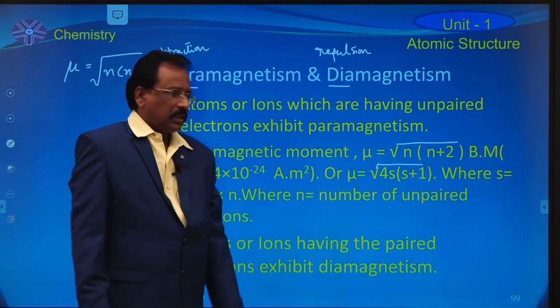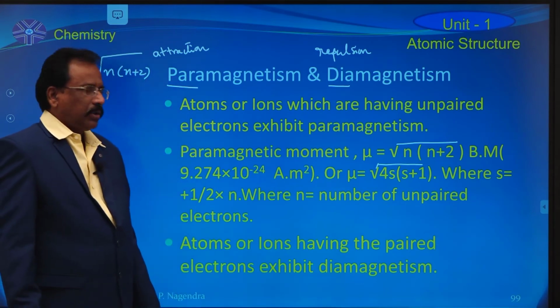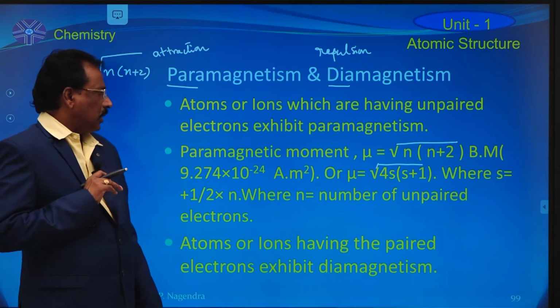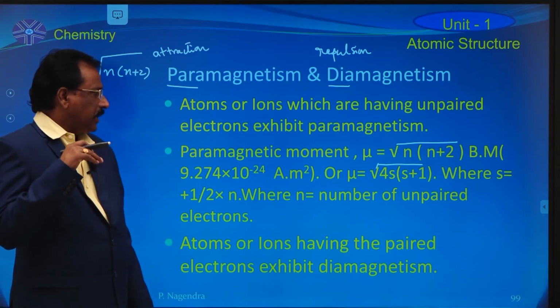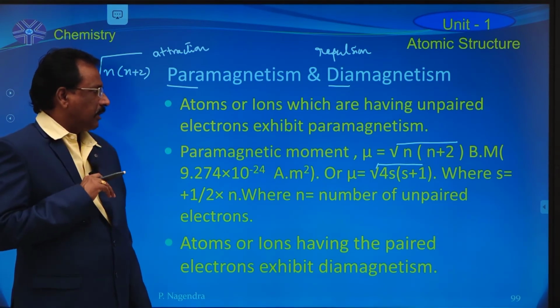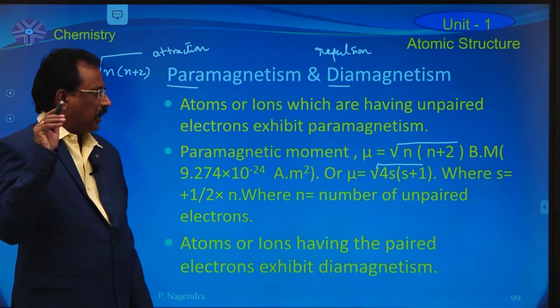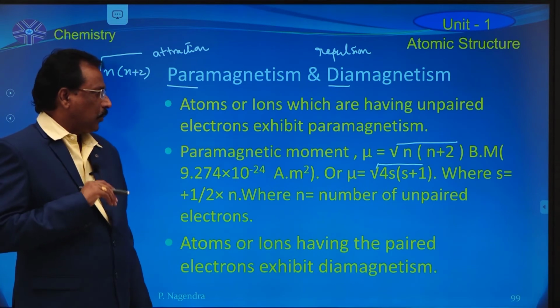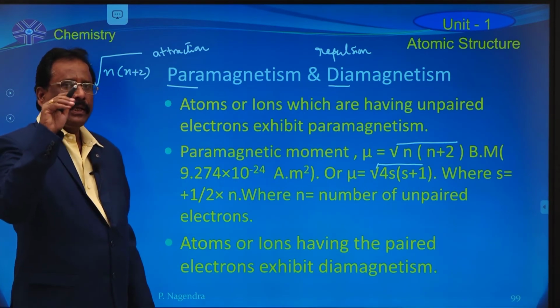The final answer is square root of n into n plus 2. Both are exactly the same. So the paramagnetic moment can be calculated by using the formula square root of n into n plus 2 Bohr magneton, where n is the number of unpaired electrons.